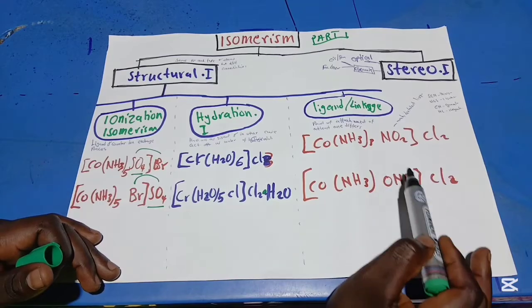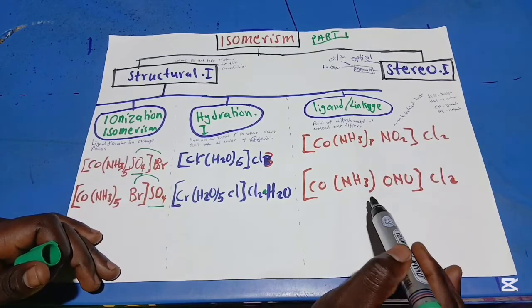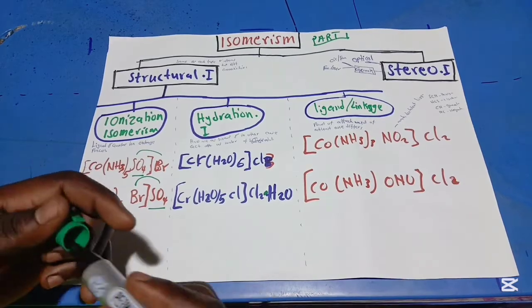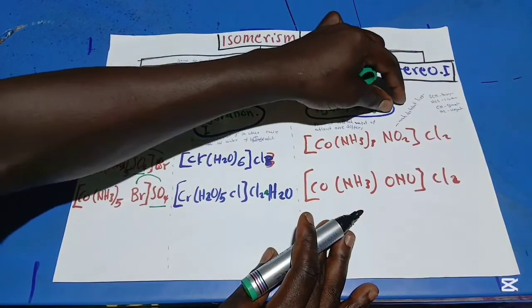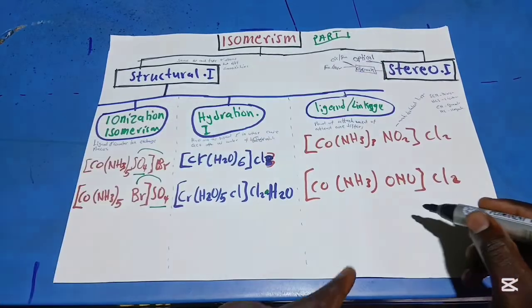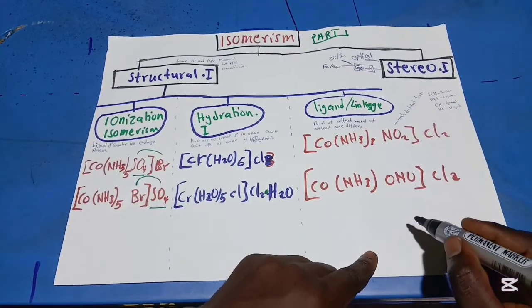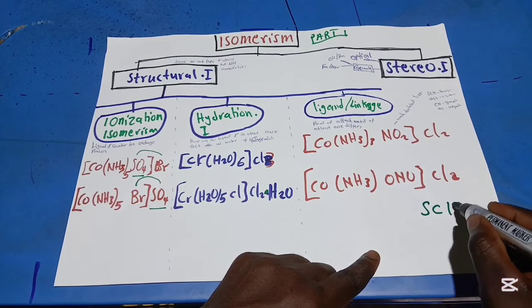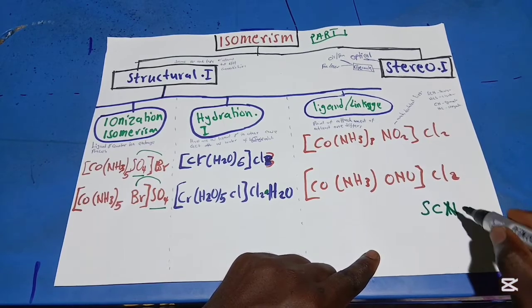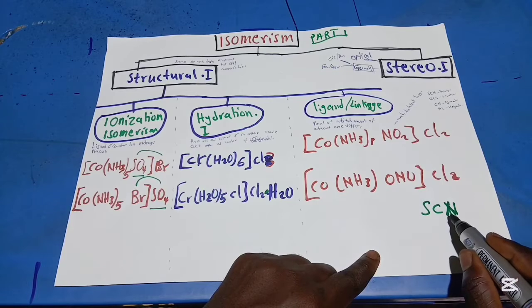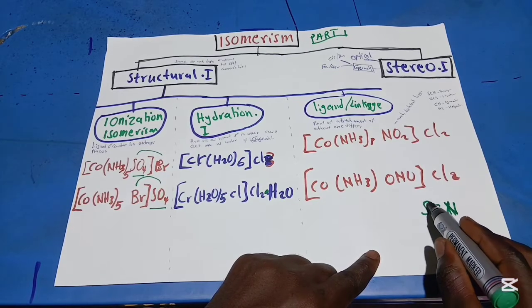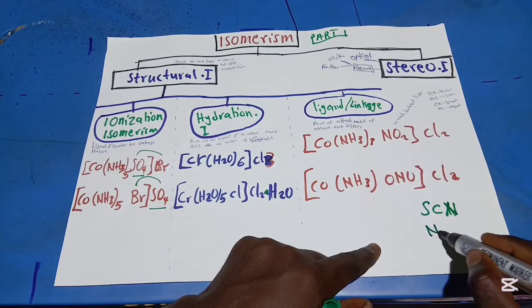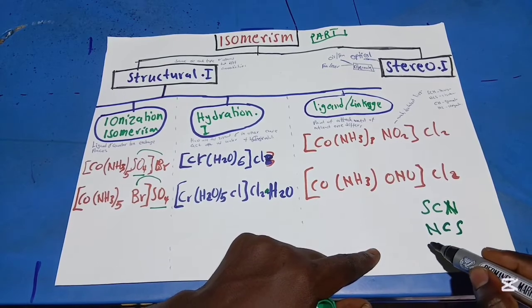If we see ligands behaving in this way, then the type of isomerism displayed is ligand or linkage isomerism. Let me give you a clue: anytime you see an ambidentate ligand, be expecting ligand or linkage isomerism. The common ambidentate ligands include thiocyanate, SCN. We can have a point in which sulfur forms a bond with a metal atom, and we can also have a point in which nitrogen forms a bond with a metal atom.